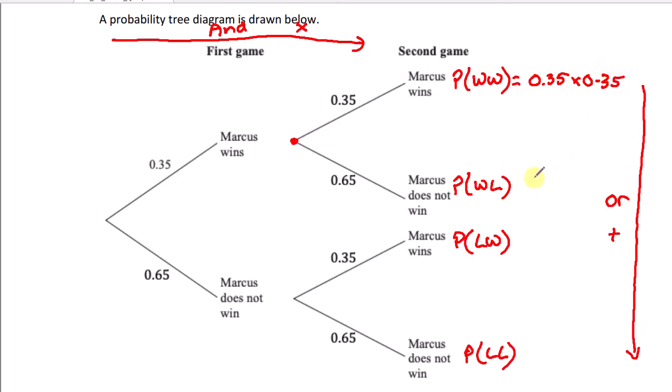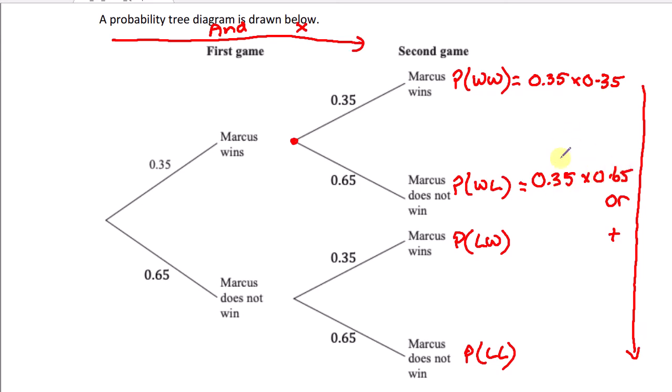Now, some of you might realise that if I combine these two together, the total probability here is 1. So the probability of these two together should actually be 0.35. But probability of a win, 0.35, times the probability of a lose, 0.65.